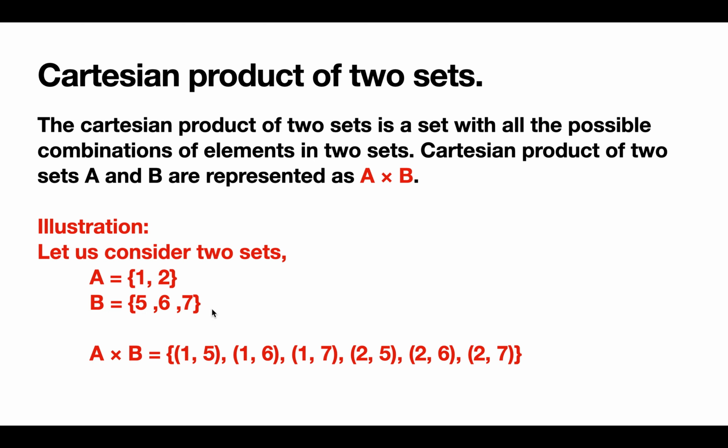A cross B is not equal to B cross A, because when a curly bracket is used, I can put the elements on the left or right without any order, but here I mentioned the parentheses. In the parentheses, order matters. If the left is different from the right, the two things are different. But in a curly bracket, if I put (1,5) last and put (2,7) first, they're both the same.